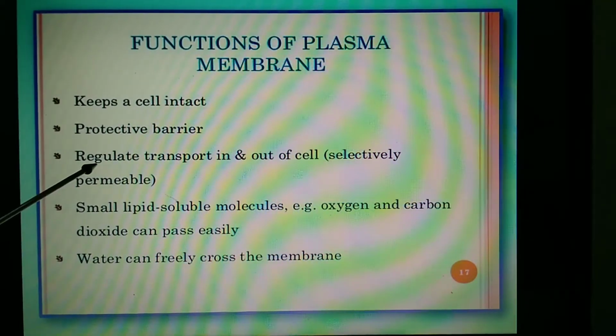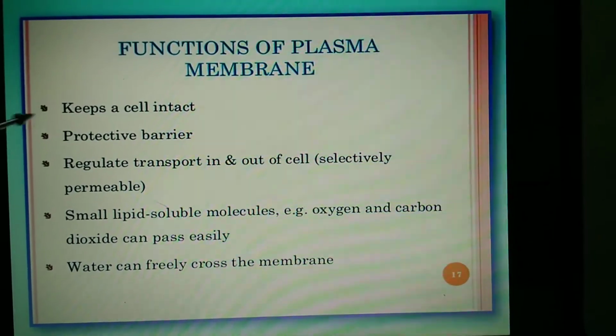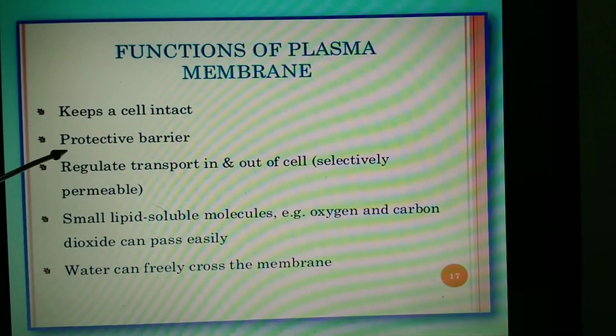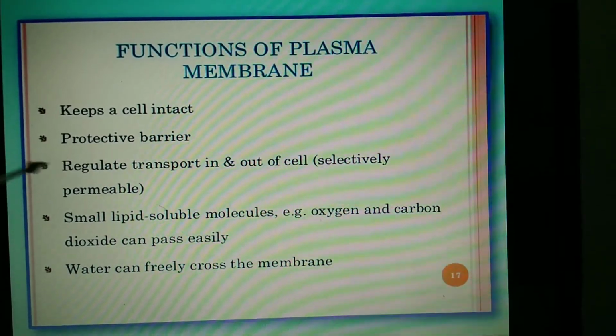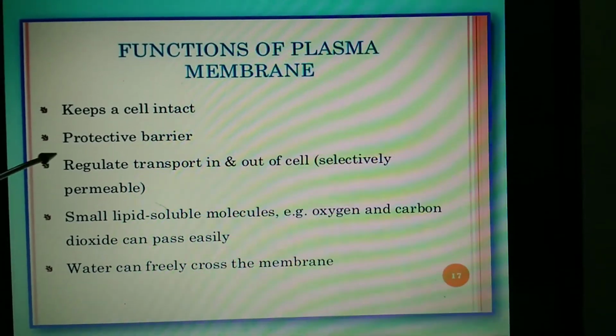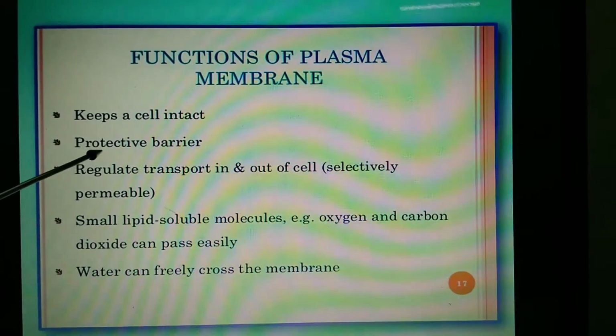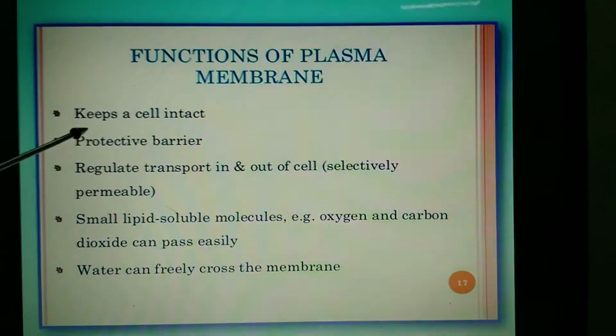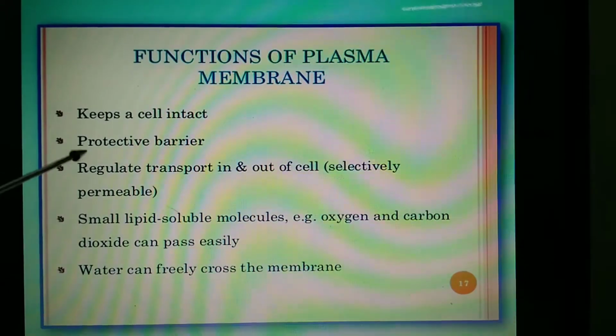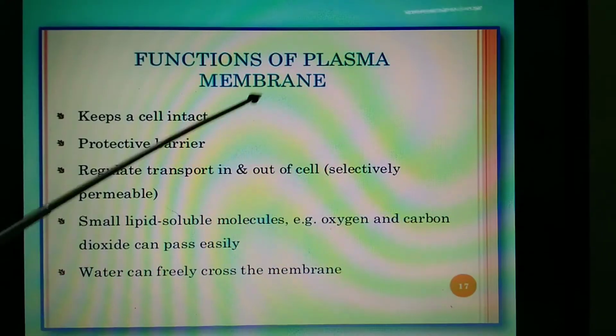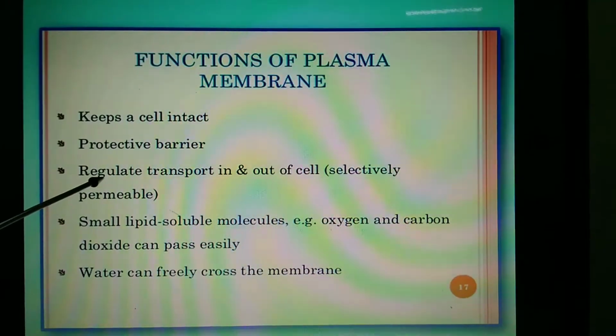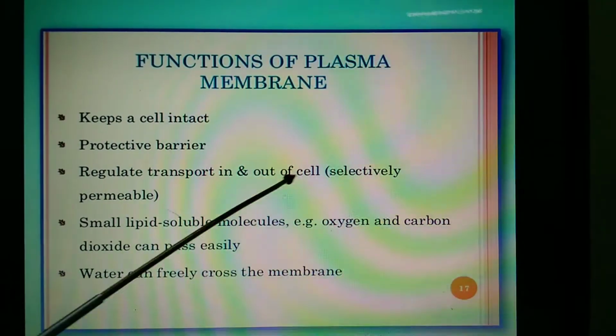It regulates the transport, because the plasma membrane acts as a protective barrier, so it will protect the cell from extreme heat, extreme cold, or saline conditions. Thus, as we have already discussed, it regulates the transport in and out of the cell.